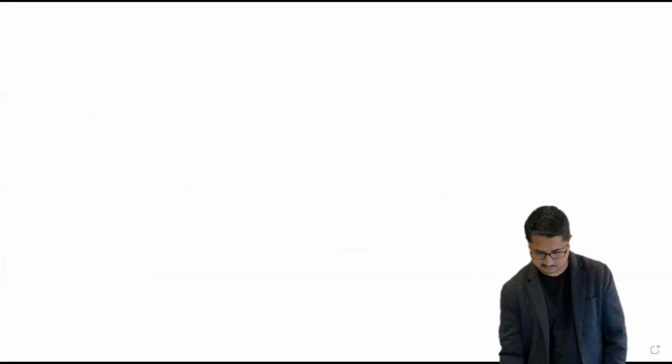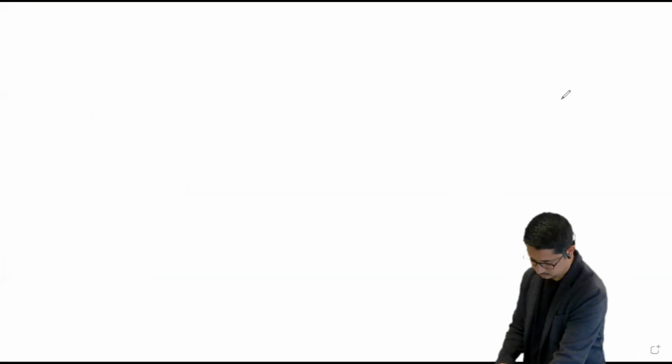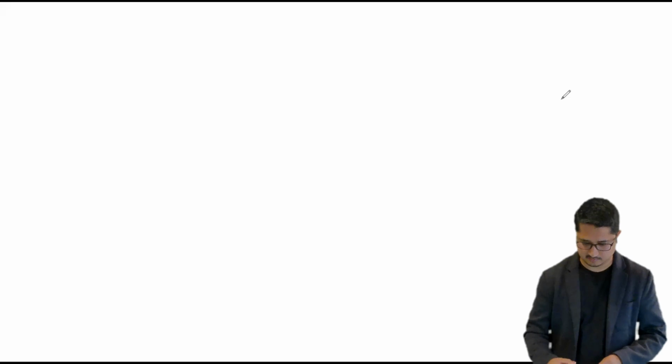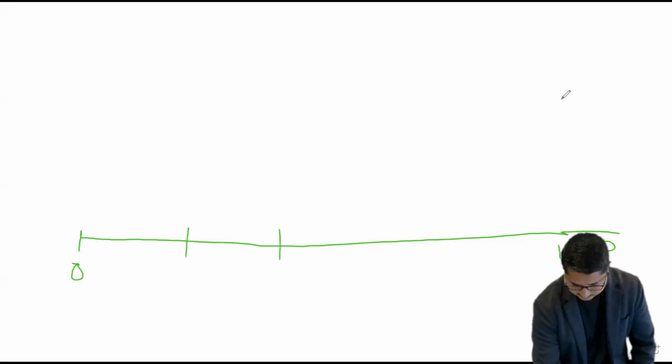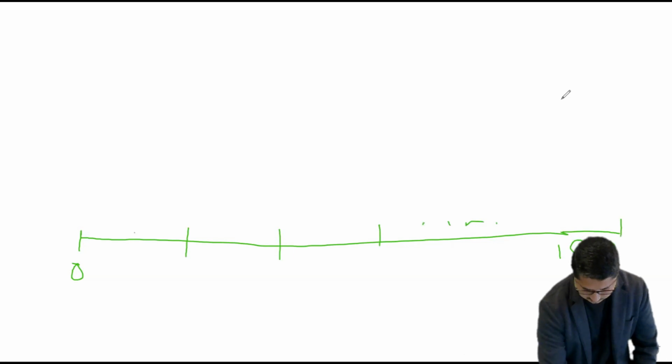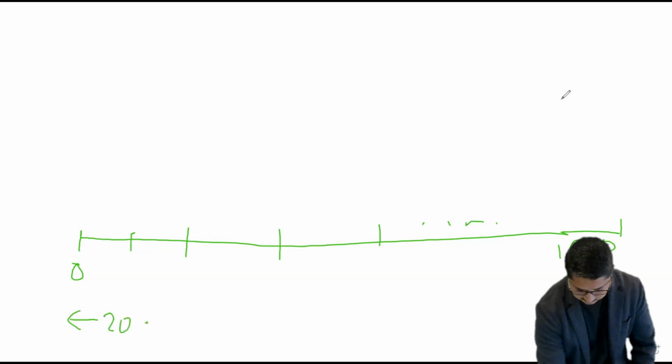So the whiteboard is visible? Yes. Okay, great. Let me draw that as a horizontal line. This is 0 degrees, this is 180 degrees, and let's say these are your bins. Again, the width is 20 degrees.